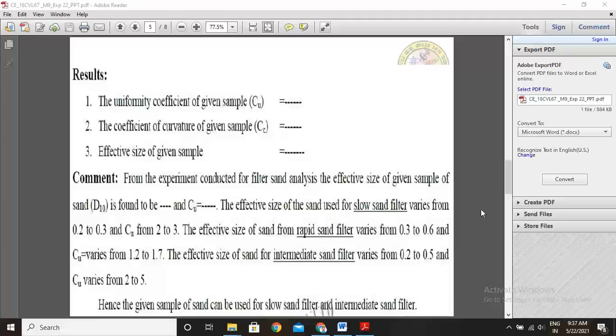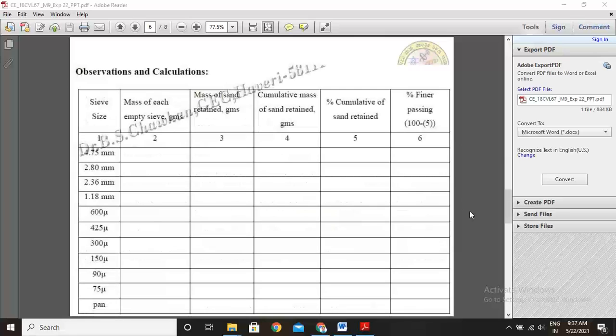Based on these conditions, you write which type of sand filter it is. Hence the given sample of sand can be used for slow sand filter and intermediate sand filter based on Cc and Cu.